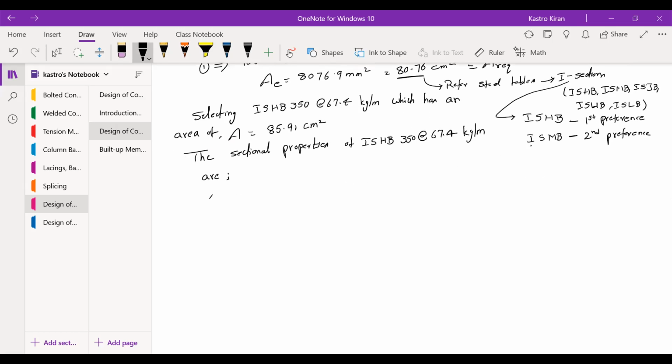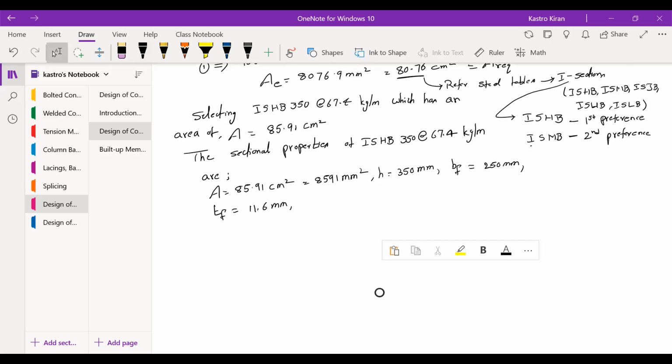The first one is area, 85.91 square centimeter. Converting into mm square, it becomes 8591 mm square. The height of the section is 350 mm. The width of the flange, that is BF, is 250 mm. The thickness of the flange is 11.6 mm. And the thickness of web, that is TW.